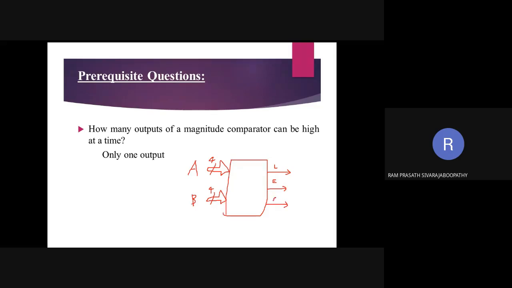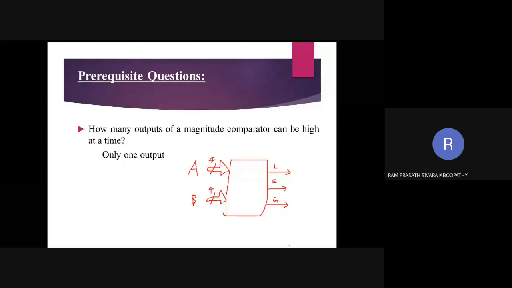If I want to design a circuit which tells whether the number A is greater than or equal to B, then it has to produce output 1. How can we design?